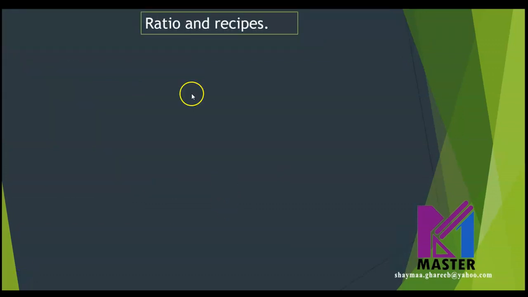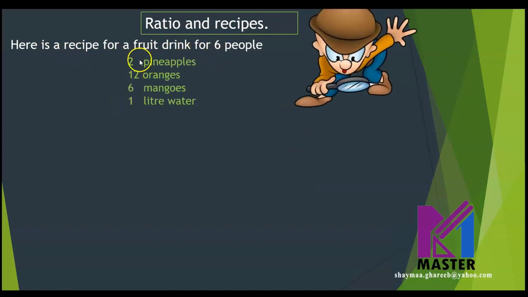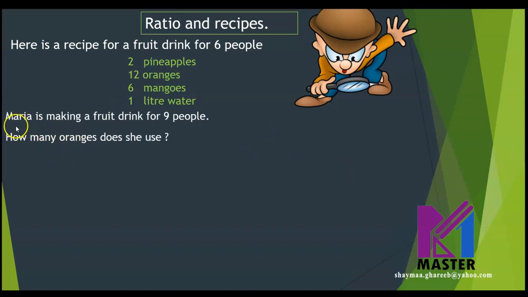Now let's talk about ratio and recipes. Here is a recipe for a fruit drink for 6 people. And these are the ingredients in this drink. We used 2 pineapples, 12 oranges, 6 mangoes, and 1 liter of water. The question is, Maria is making a fruit drink for 9 people.